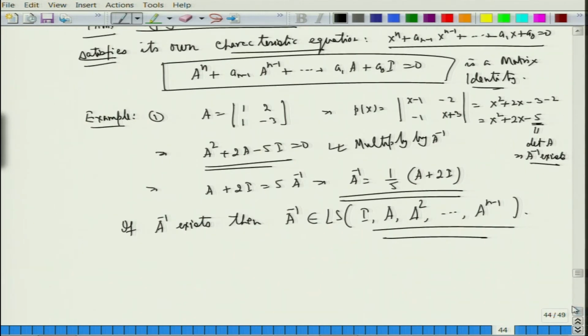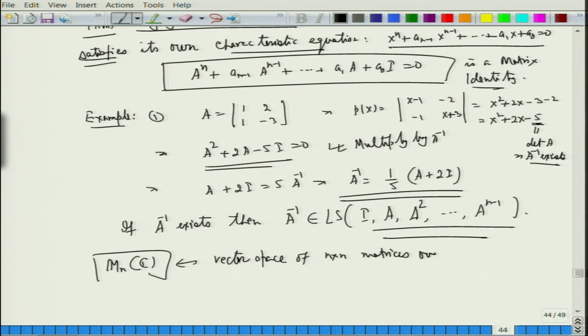What I am trying to say here is that I have this matrix space Mn of C, which is a vector space of n cross n matrices over C, complex numbers. What is the dimension of this vector space? Recall, this is n square. Why is it n square?